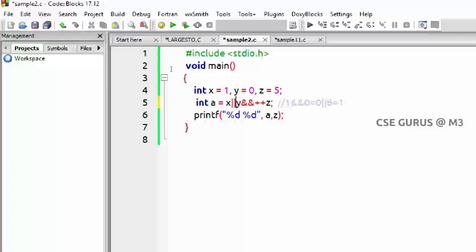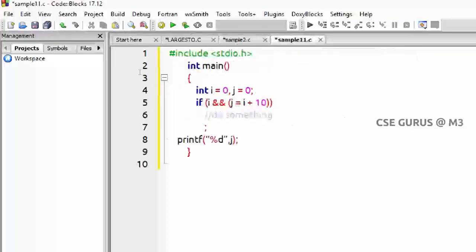Because as per the priority, I'll show you here what the priority rules are. Operator precedence rules: we say logical AND is higher priority compared to the logical OR. So like this we need to execute, and if you still want it clearer, I have one more program you can see here. So i equals 0, j equals 0, i double AND j equals i plus 10.